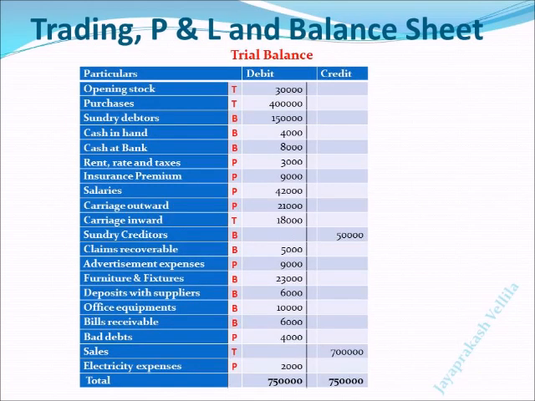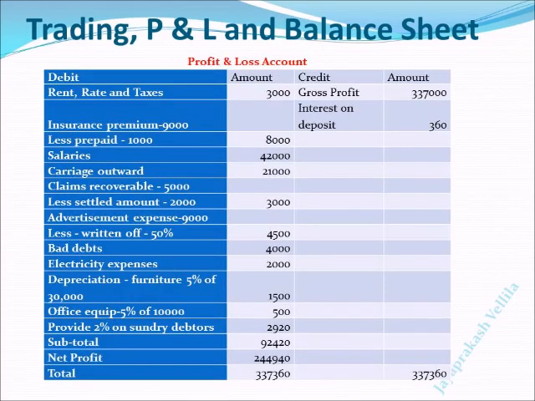Let us go to our markings in the trial balance. As per markings, rent, rates and taxes are the first entry in the profit and loss account. Rent, rates and taxes is 3000. Next, insurance premium 9000.